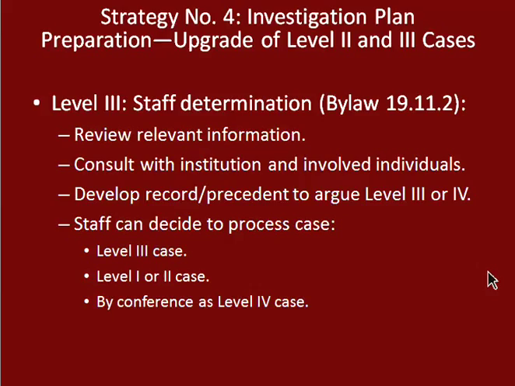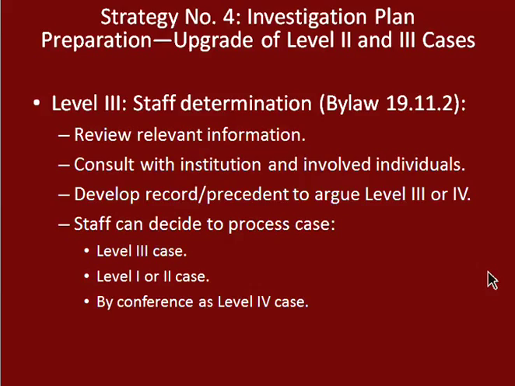Let me give you an example that my firm had recently. We had a client where, when we got into the case, the enforcement staff wanted to allege our client had committed what would be a level 1 type violation. Through our investigation, we realized that was the staff's position.